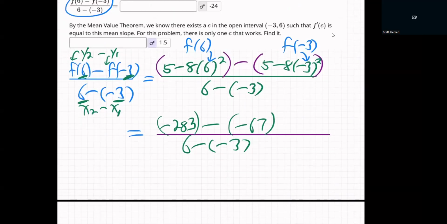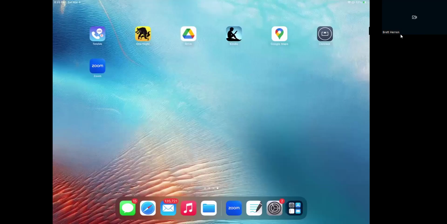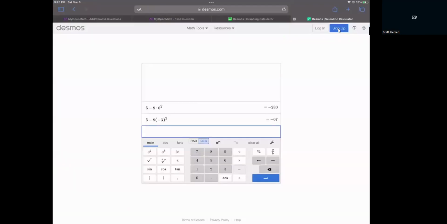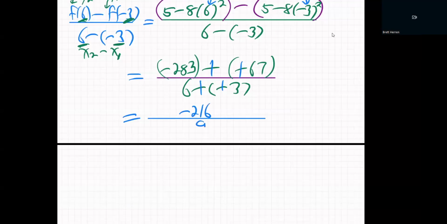Okay, so now on down, what do we get? Double negative becomes positive, you know that. So minus 283 plus 67 is minus 216. 6 plus 3 is 9.